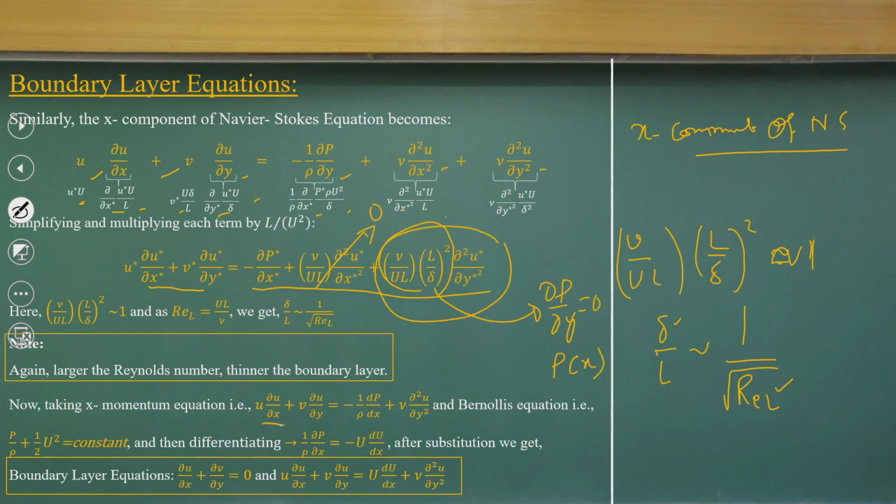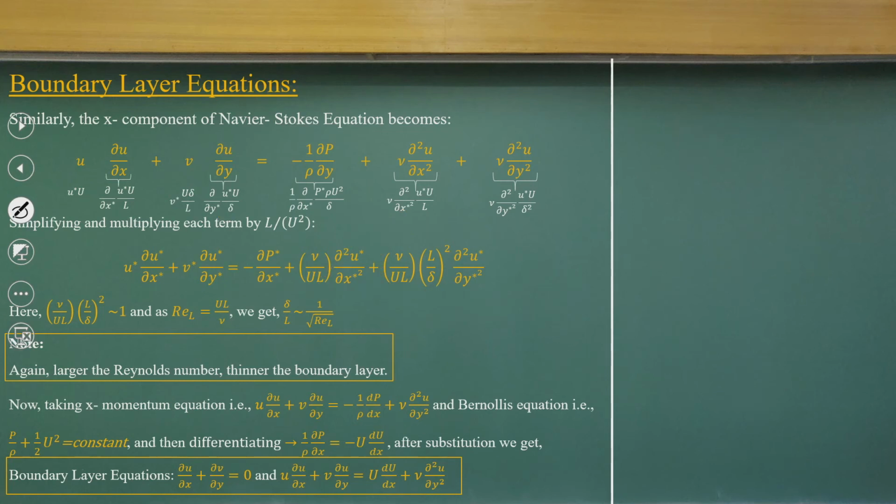Substituting this into the x momentum equation, we get u del u by del x plus v del u by del y is equal to minus 1 by rho dp by dx, because p is only a function of x, plus the kinematic viscosity times del square u by del y square.